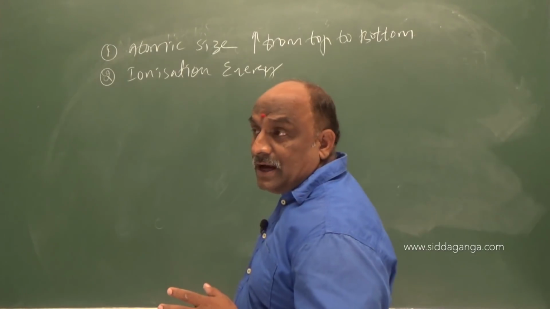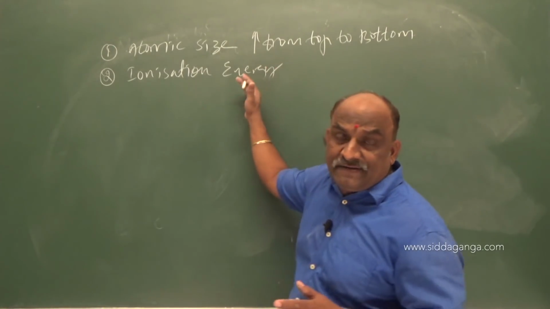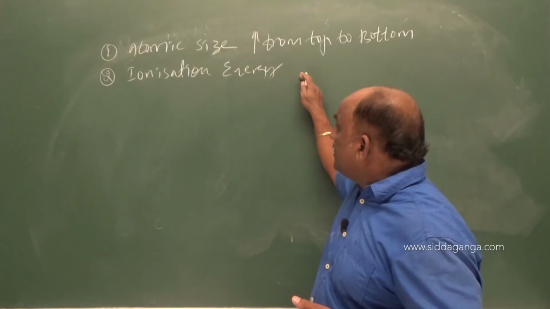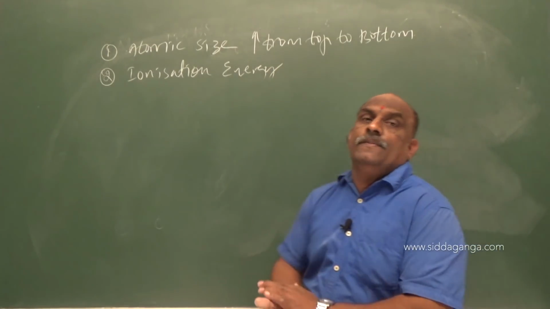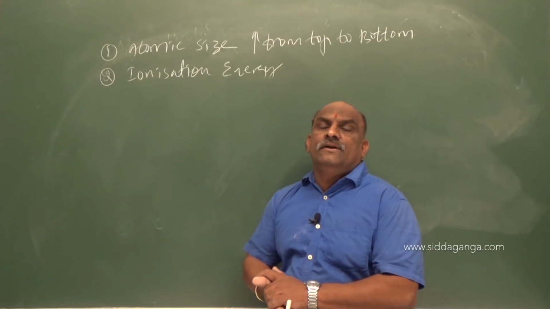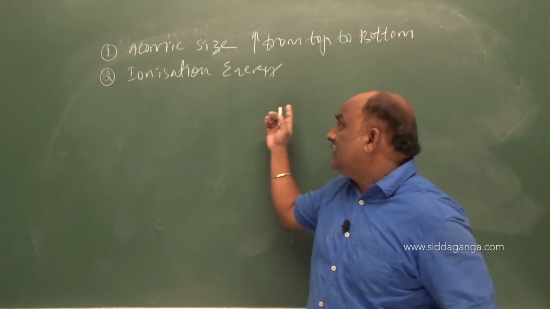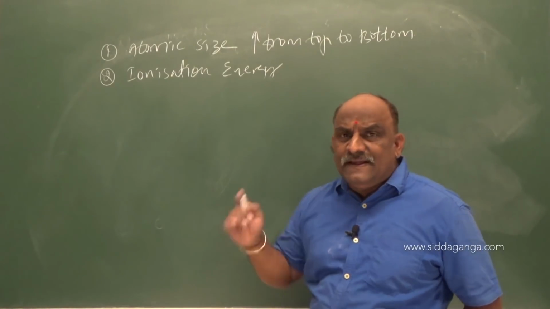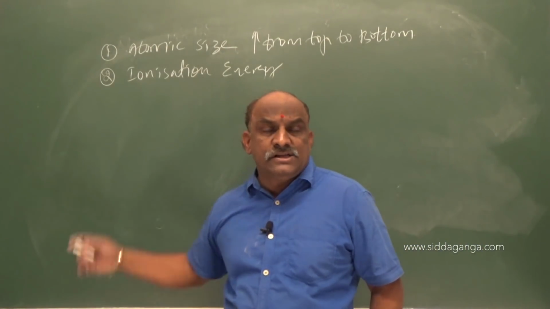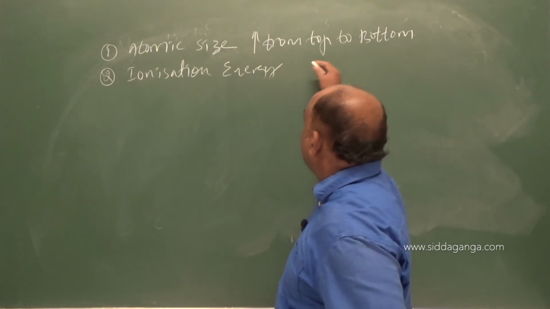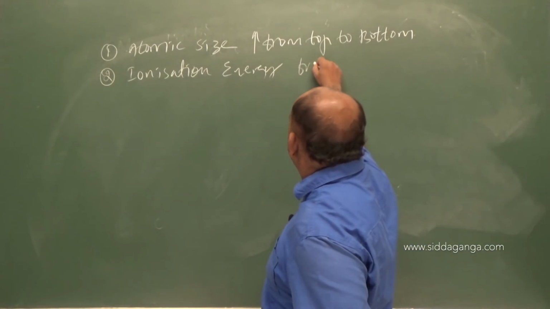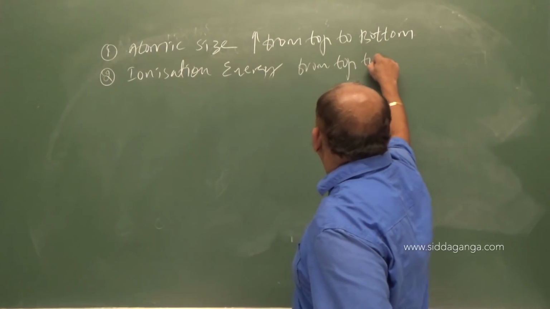While in comparison to adjacent groups, the 14th group and the 16th group, the IP values are quite high. What will be the reason for the high values? Because of the half-filled electronic configuration. So what about the ionization enthalpies from top to bottom?